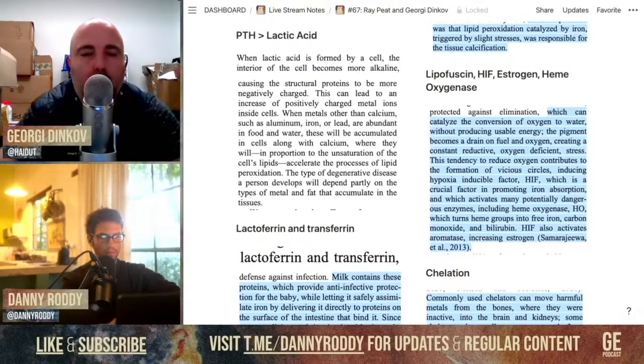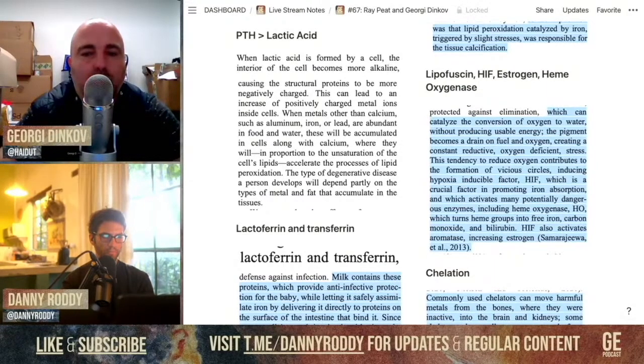The intracellular pH rises, increasing the negative ionization of the cell proteins, increasing their affinity for metals with a positive charge.